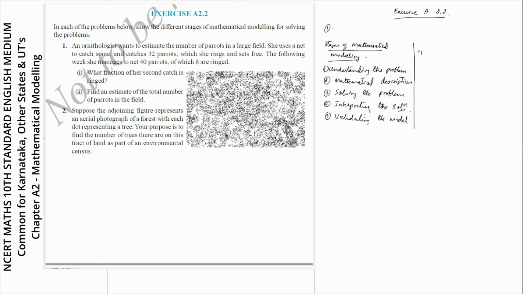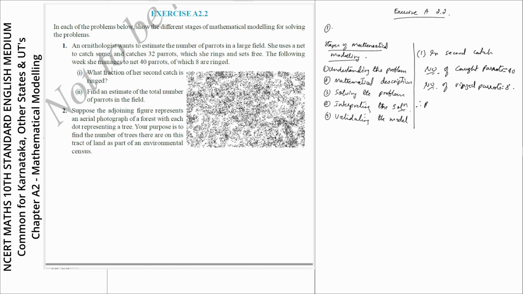So here in the second catch, the number of caught parrots is equal to 40, and out of those 40, the number of ringed parrots is equal to 8.